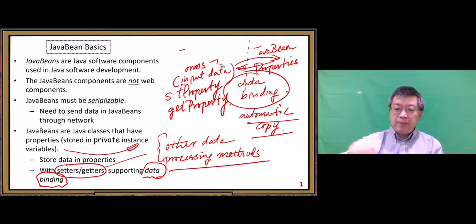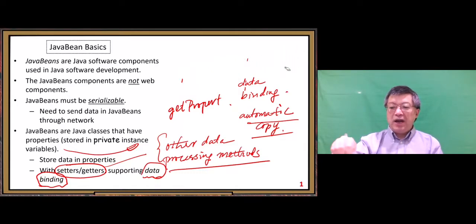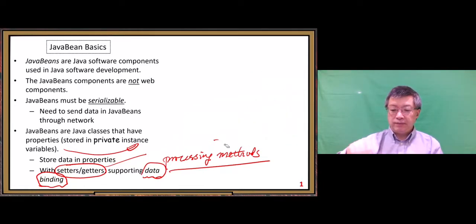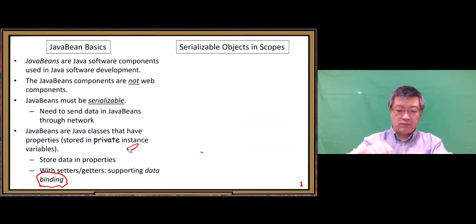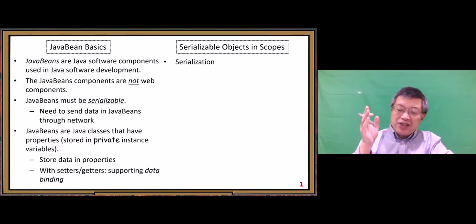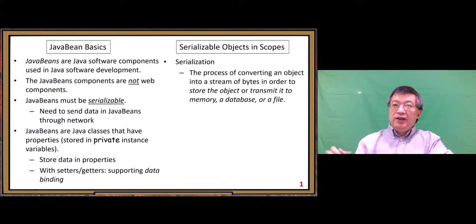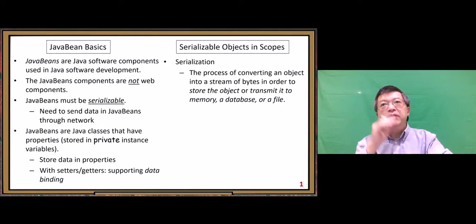All right, so next topic. Serializable. I come back to serializable. Serializable objects in scopes. Serialization concept: the process of converting an object into a stream of bytes.